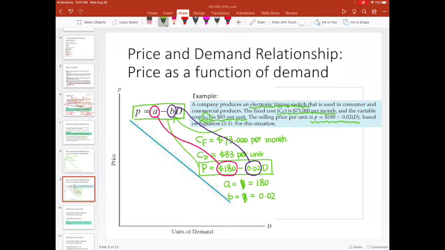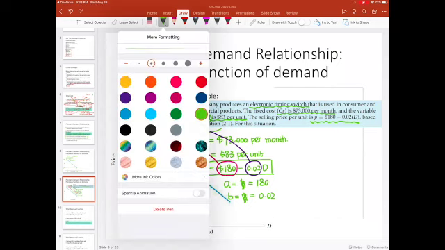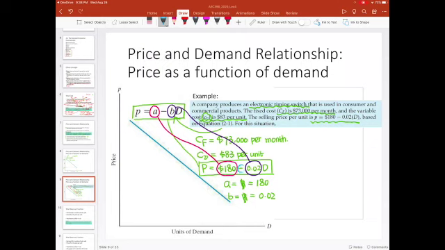Don't include this negative sign in the value of B. So B is a positive number.